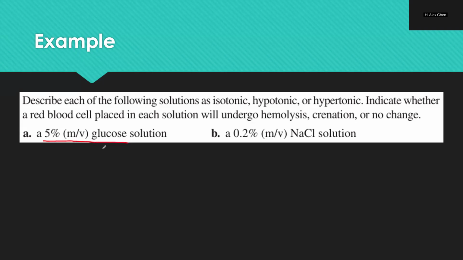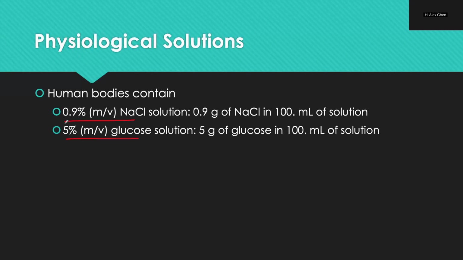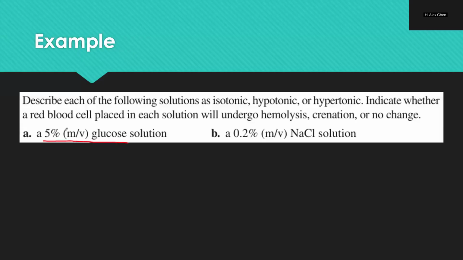Let's compare that against my physiological solutions. 5% mass over volume glucose is isotonic to the physiological solution. So 5% is equal to 5%. I'm going to say that this is isotonic, or the cell's happy. And the corresponding cell will undergo no change.